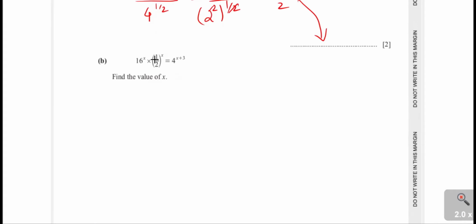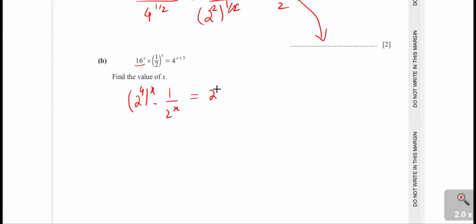Next, part B: 16 to the power x into 1 over 2 whole power x equals 4 power x plus 3. We can write this 16 as 2 power 4, whole power x, into 1 over 2 power x, equal to 4 power x plus 3.